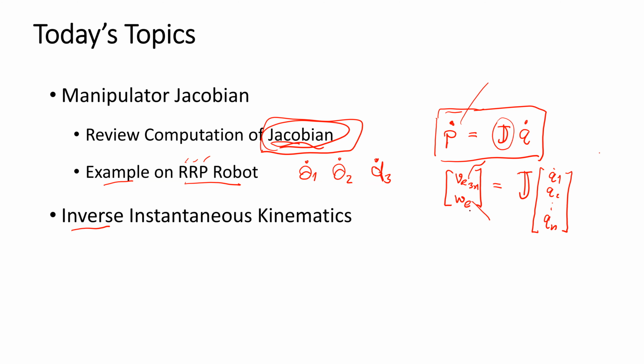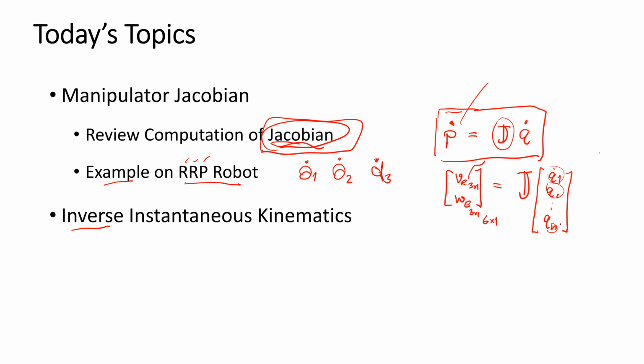The angular velocity is also 3 by 1. So we're gonna have a 6 by 1 vector for the velocity vector at the endpoint, and it's independent of the number of degrees of freedom that we have.